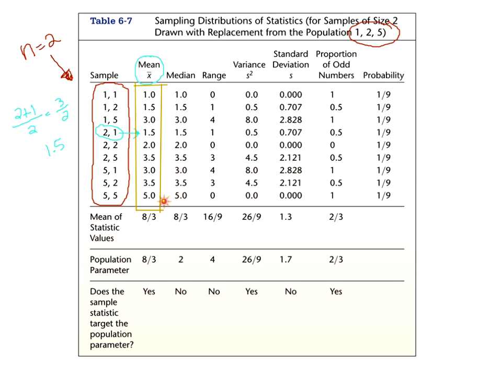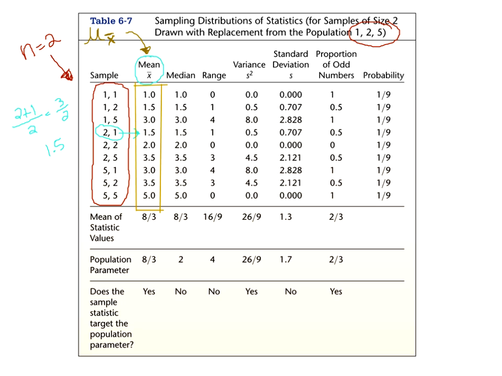Okay, so I see a lot of 2.67s. Okay, so let me write that down. All right, so when you found the mean of that column, I'm going to give that a different name. I am going to say the mean of the sample means, and I'm going to use this notation.